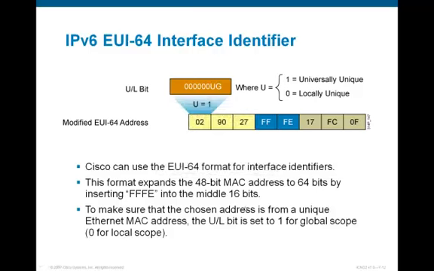When we configure IPv6 addresses on the Cisco routing interfaces, we can use the IPv6 EUI-64 format. EUI stands for Extended Unique Identifier. Instead of entering the full IPv6 information manually, we can leverage the MAC address of the interface to form the host component of this IPv6 address.